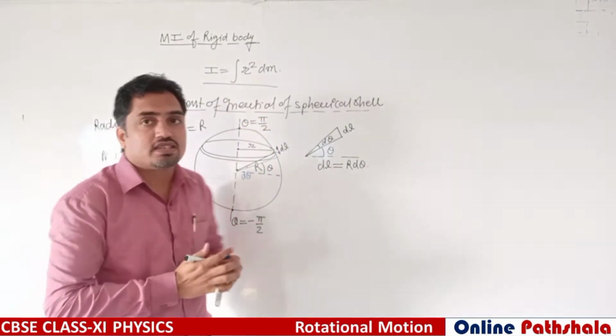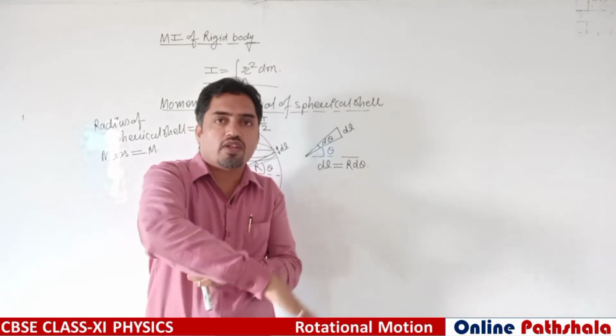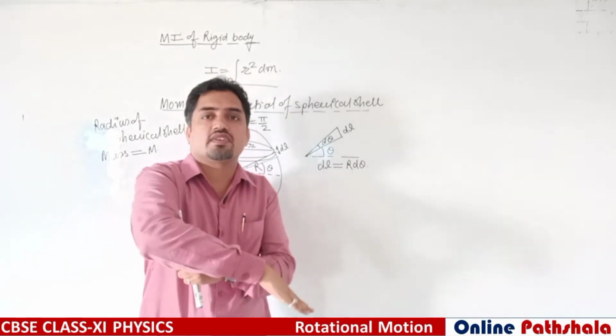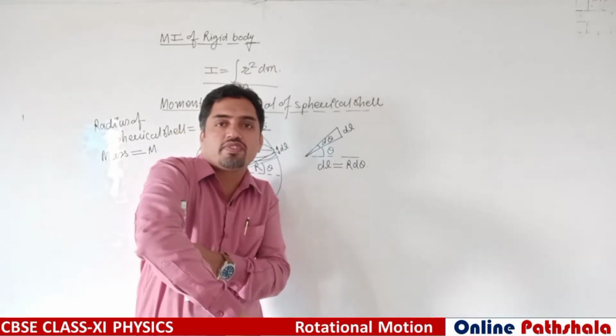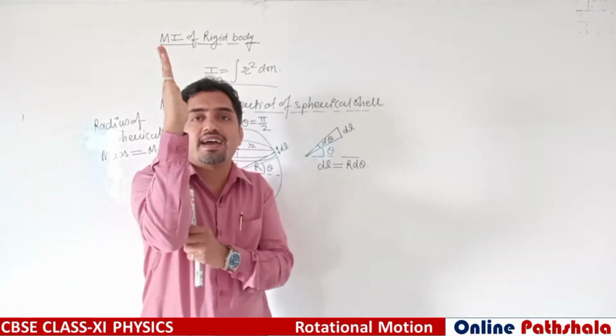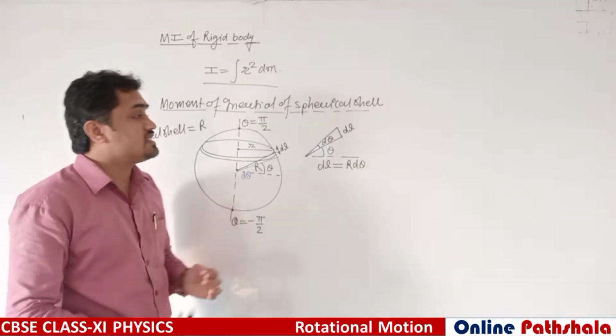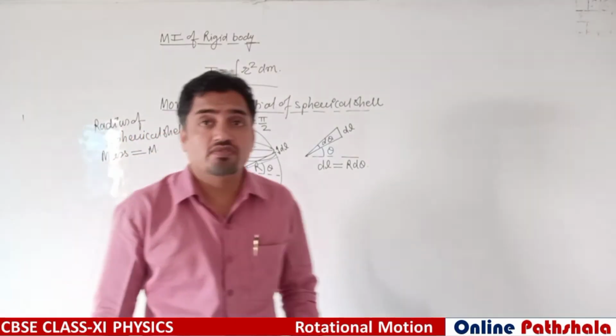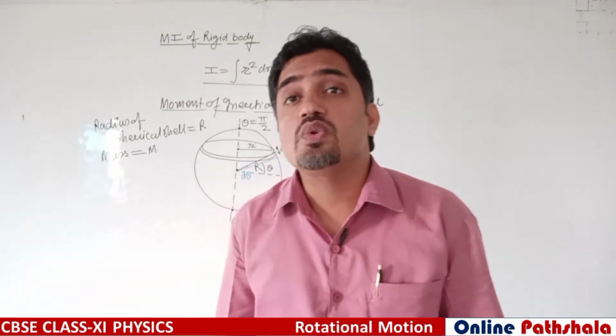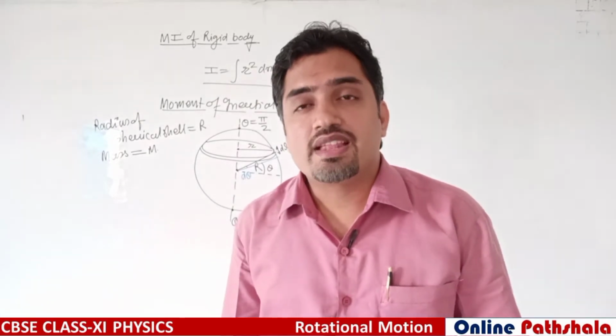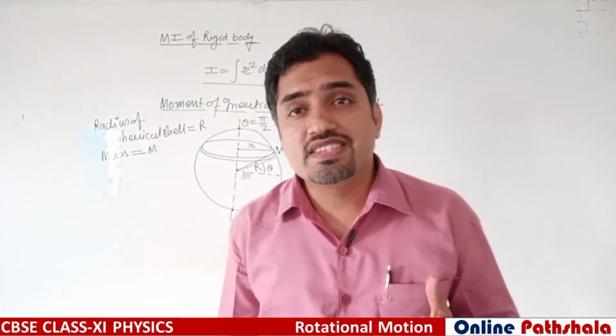This radial vector will move on the surface of a sphere. So, at the lowest point it will be minus pi by 2, at the highest point it will be plus pi by 2. In this case we have to do integration with respect to theta, then our integration will become very easy.